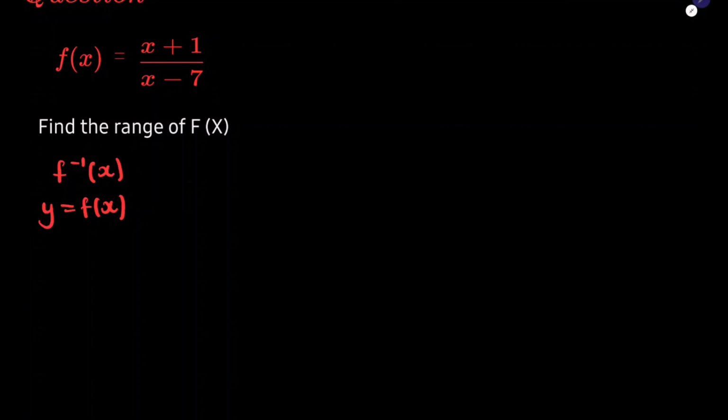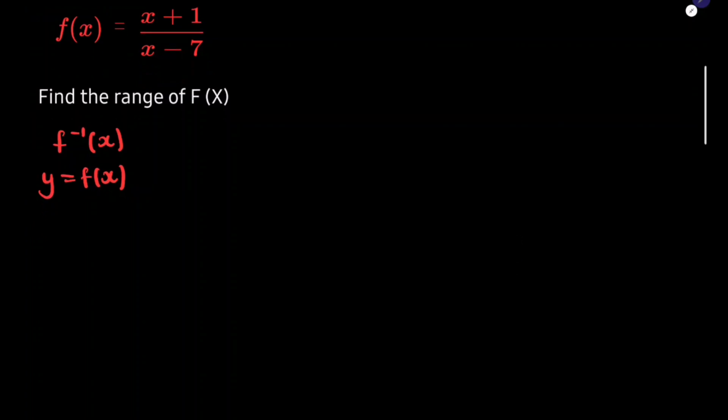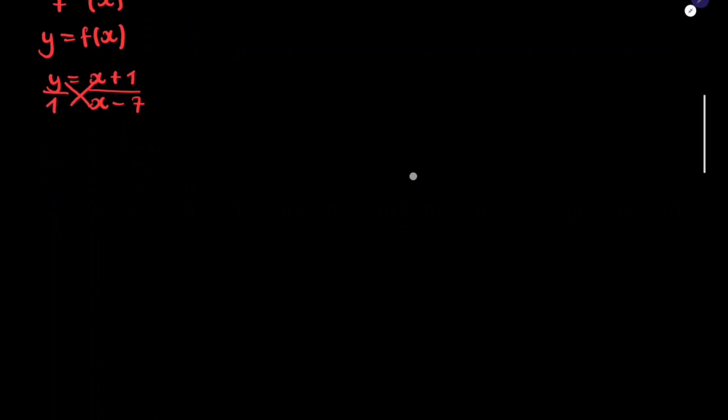Okay, so let's start. We have y equal to x plus 1 divided by x minus 7. In this case, we have to make x the subject of the formula, so we have to solve for x. Here we are going to simply cross multiply.